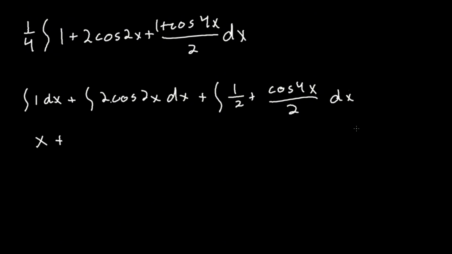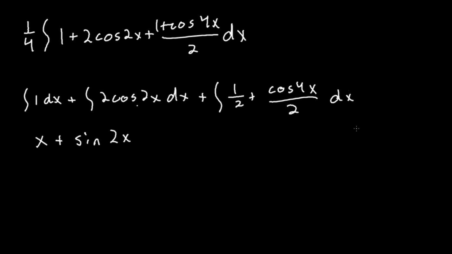The integral of 2 cosine 2x is, oh, obviously some chain of sine. So the integral of 2 cosine 2x, if you need a little bit of work on u substitution, I'll tell you right now. I'm just going to solve this to save time, but u is equal to 2x for this integral, and you can work out the u sub yourself.